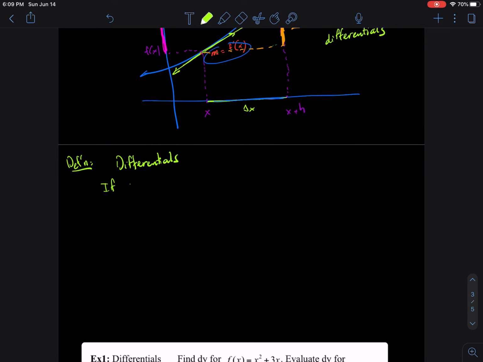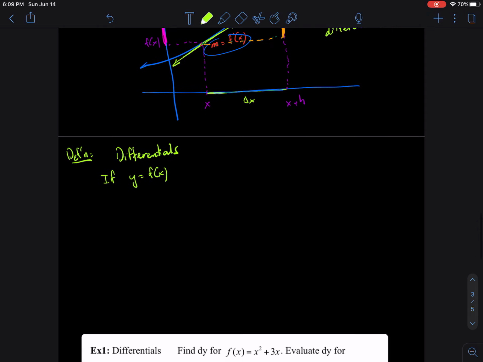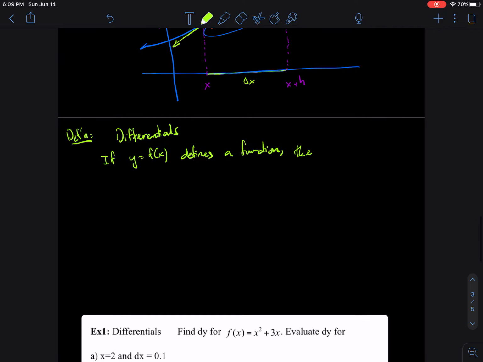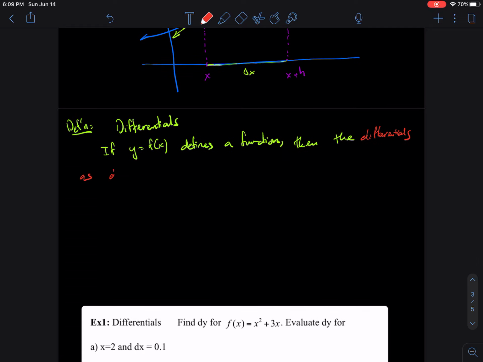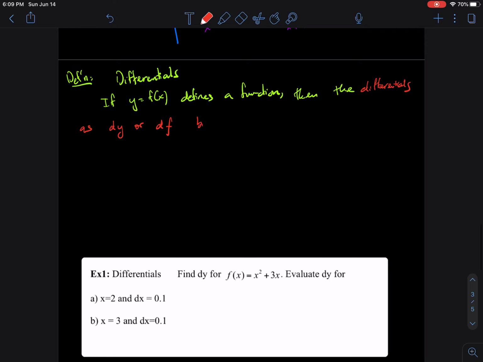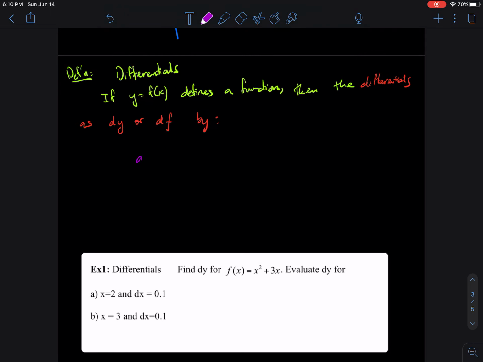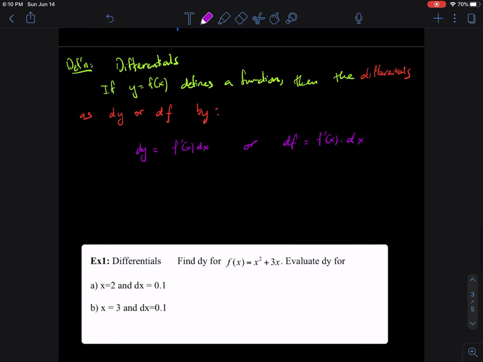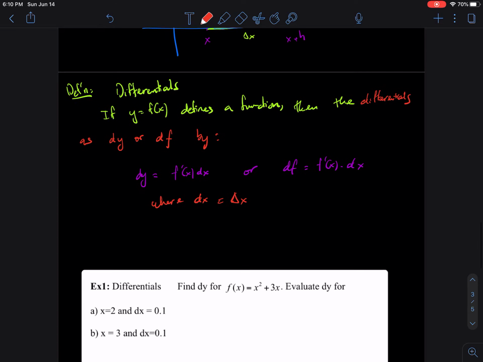We're saying that if y equals f of x defines a differentiable function, then we define the differential, with the notation dy or df, as dy equal to f prime of x times dx, or df equal to f prime of x times dx, where dx is the same thing as delta x.